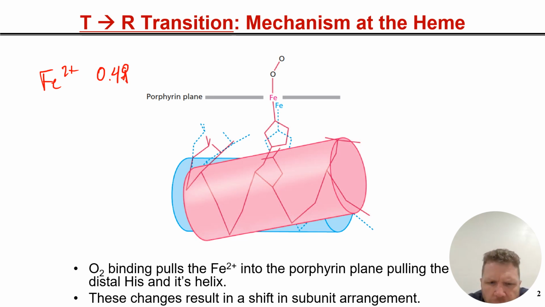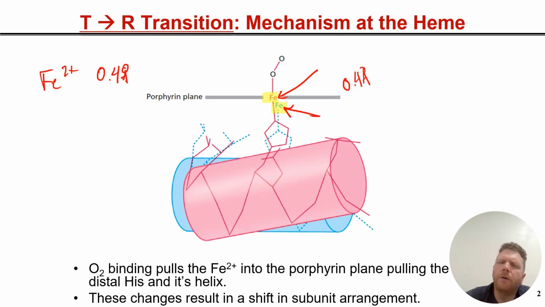Here, I want to highlight the iron ion, this iron ion and this iron ion. We've got our lower one depicted in blue, that'll be this one and this one. So this distance that this iron goes up is approximately 0.4 angstroms.